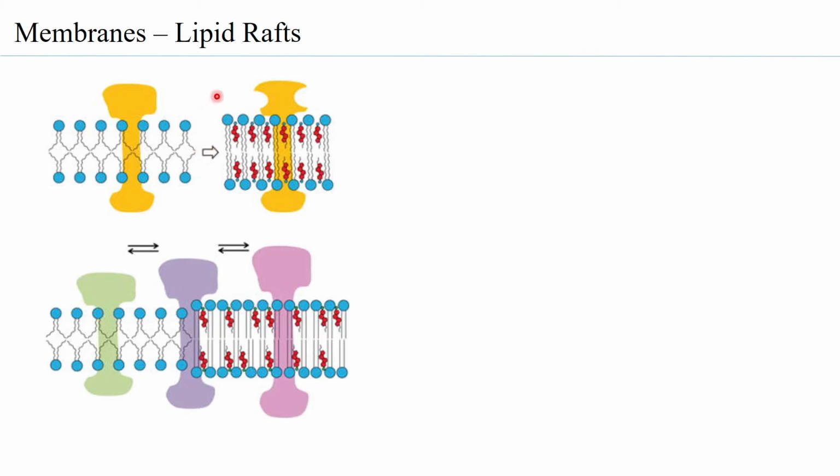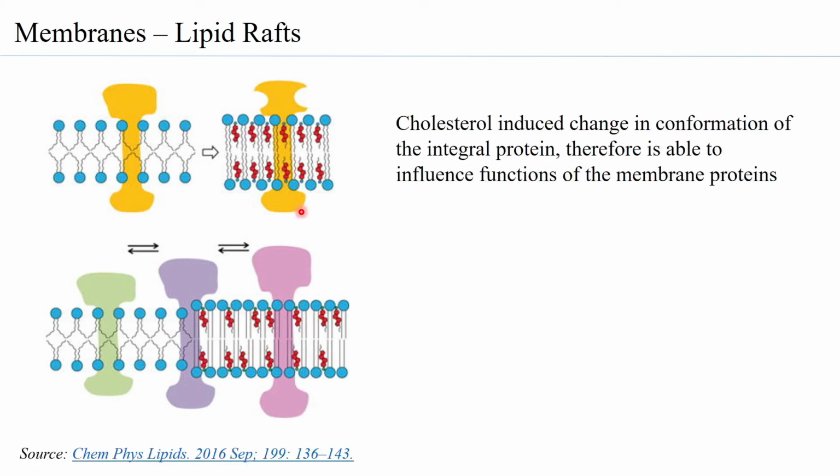Also, looking at the fact that lipid rafts can be formed specifically by attaching to membrane proteins, integral membrane proteins, that is. And what has been observed is that cholesterol is able to induce a change in the conformation of the integral protein. See, when you have no cholesterol, the integral protein has a particular conformation, that is shape, but when it is interacting with the bilipid layer where cholesterol is present, you can immediately see there is a conformational change.